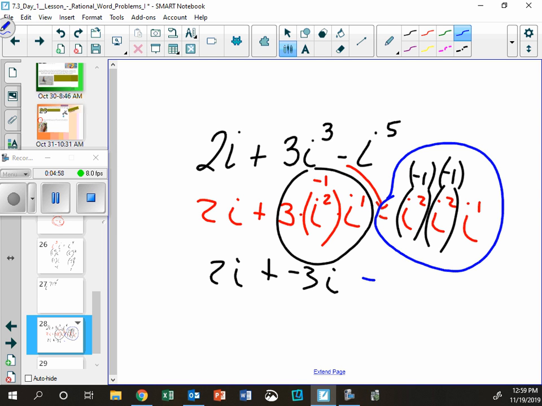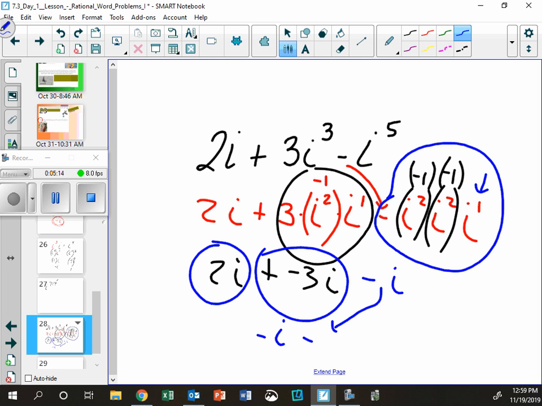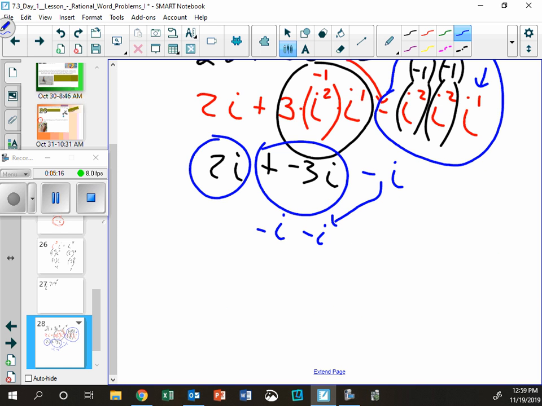Just 1 i right there. And now these all have i in them. Awesome. What is 2i plus negative 3i? That's negative i. And then there's another minus i. What's negative i minus i? Negative 2i. That was the toughest one, and I would say it'll be the toughest one on the test.